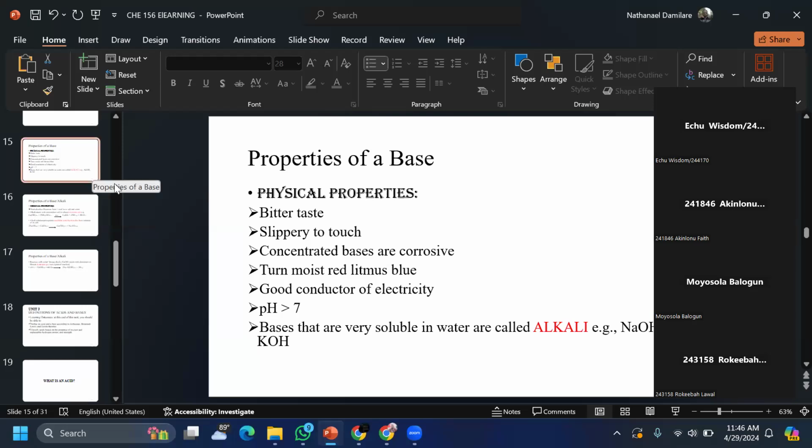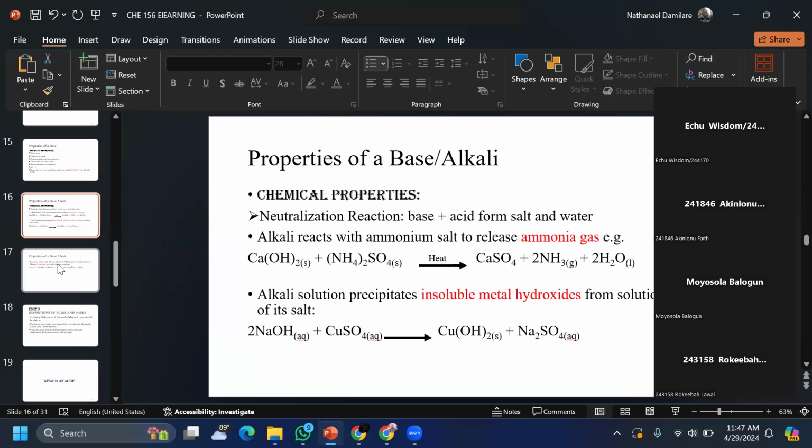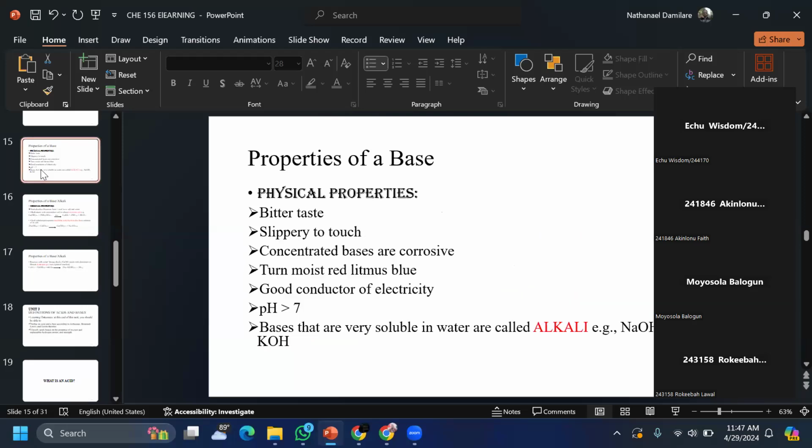Someone has already asked the question about the Arrhenius definition of an acid. We'll soon get there. So let's look at the properties of a base. We said it has a bitter taste and is slippery to touch. Concentrated bases, just like acids, are also very corrosive.